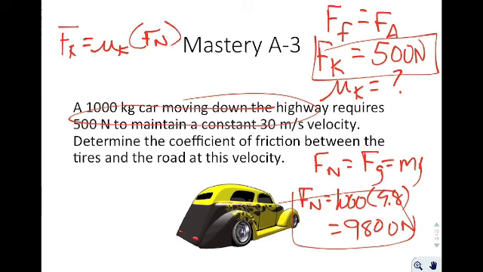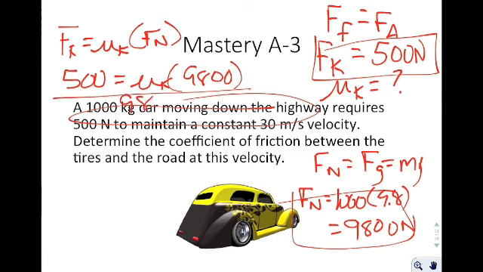Or, in our case, we'd have 500 equals mu k times 9,800. Divide both sides by 9,800, and when you do that, you get a coefficient of about 0.05.